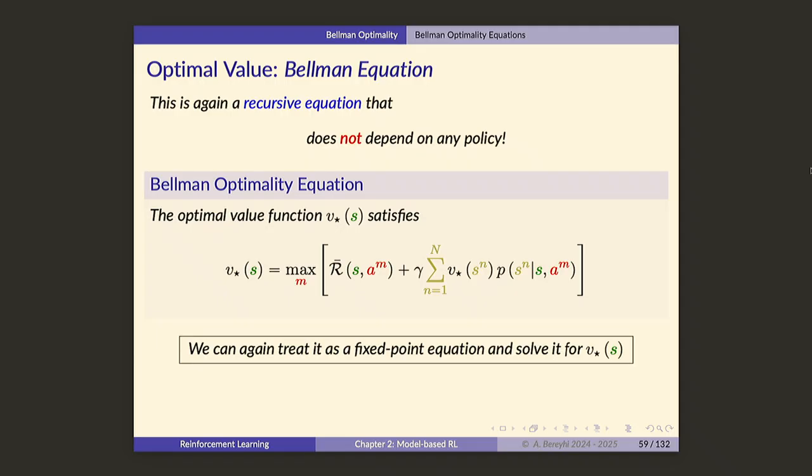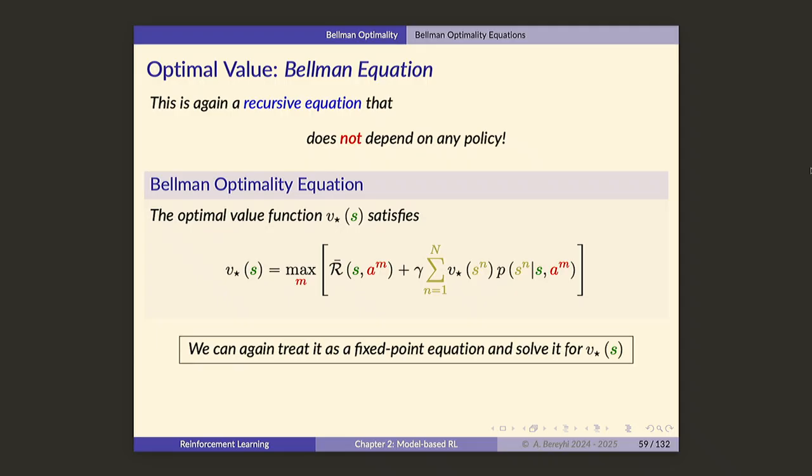Now, if you have no questions, say I found the optimal value through this equation. What should I do next if I want to know the optimal policy? Yes, the Bellman equation for any policy, including the optimal policy, takes me from the value of that policy to the action value. For the optimal policy, I know the value, so I'm going to know the optimal action value.